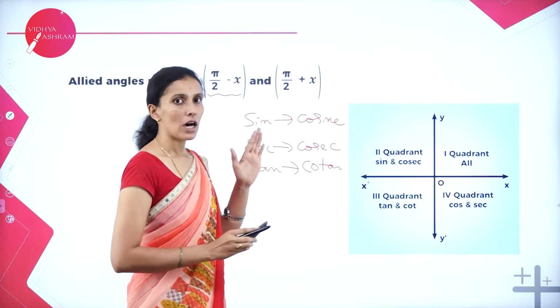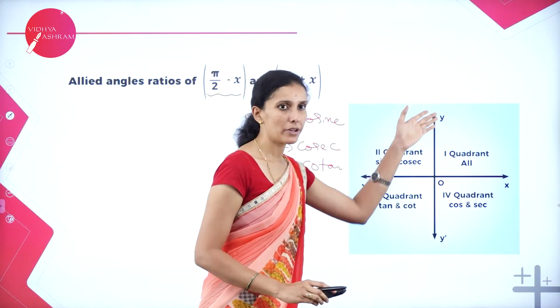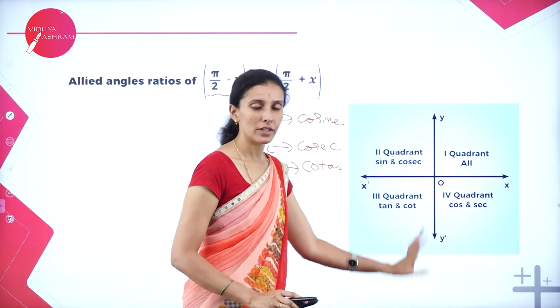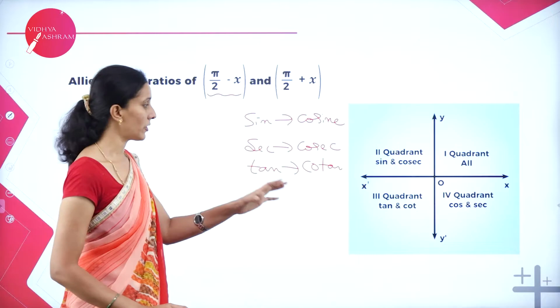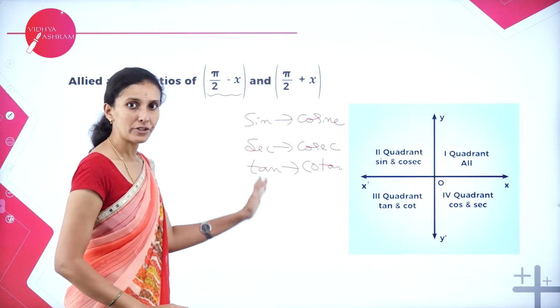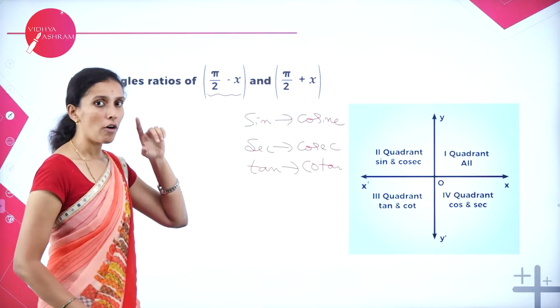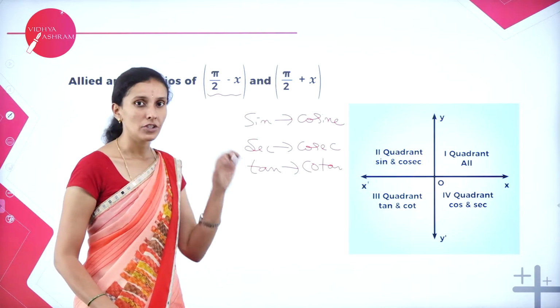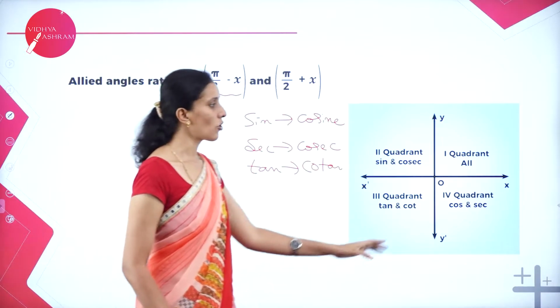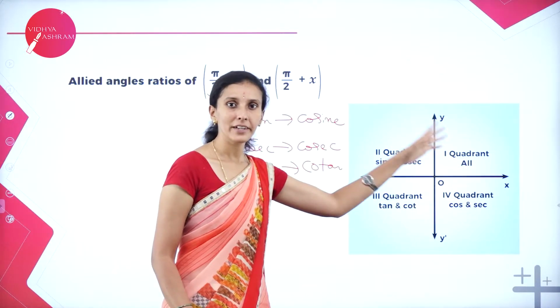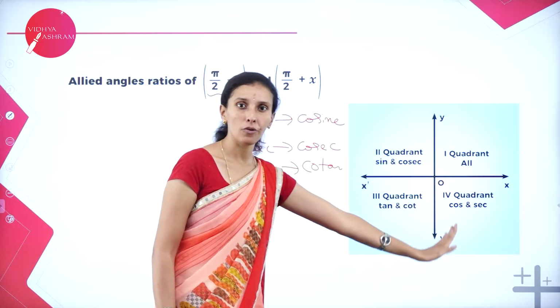So whenever you are adding or subtracting odd multiples of pi by 2, such as pi by 2, 3 pi by 2, 5 pi by 2, 7 pi by 2, the trigonometric ratio changes to its co-function. And the sign of the trigonometric ratio depends on whether the angle lies in the first quadrant, second quadrant, third quadrant or fourth quadrant.